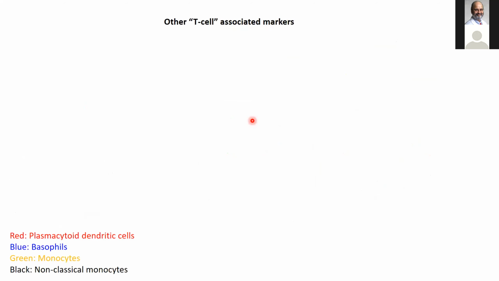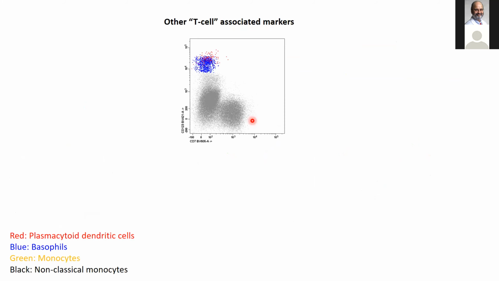Okay. So as far as basophils and plasmacytoid dendritic cells go, we can look at some other markers. Other T cell associated markers: you can see that your basophils are negative for CD7, and the vast predominance of your plasmacytoid dendritic cells are also negative, but you can get small normal subsets of plasmacytoid dendritic cells that do express CD7, so just be aware of that.